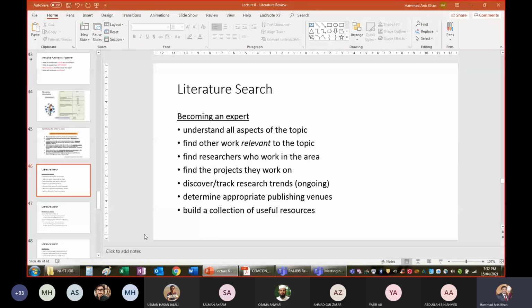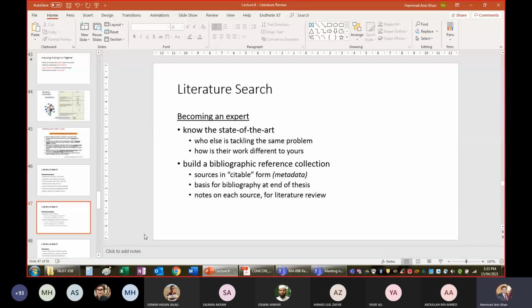When you track a certain research group, this helps you become an expert. You also keep reading their research or the relevant research published in current years, which helps you develop understanding and knowledge. In this way, you become an expert. This is a very important point.